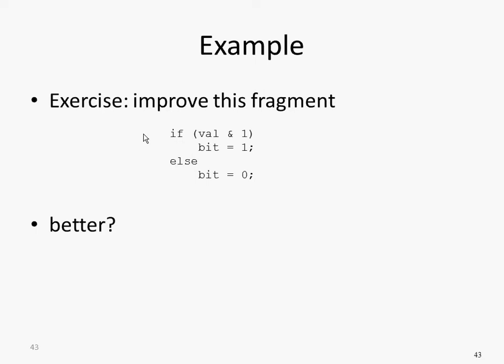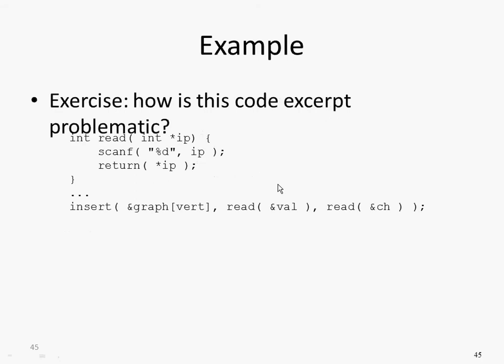So how could this be made clearer? After all, that's what's being computed. Conceptually, it's just taking the results of its so-called bitwise and with this value 1. It's 1, otherwise it's 0.